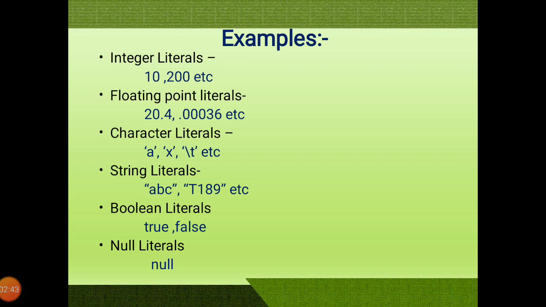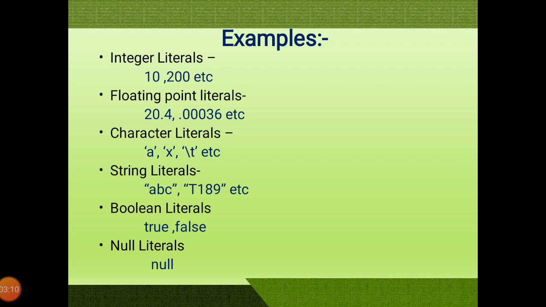For example, 20.4, 0.00, etc. Character literals. A single letter or digit or a special symbol enclosed within single quotes is known as a character literal. For example, 'A', 'X'. An escape sequence such as '\t' within single quotes is also known as a character literal.